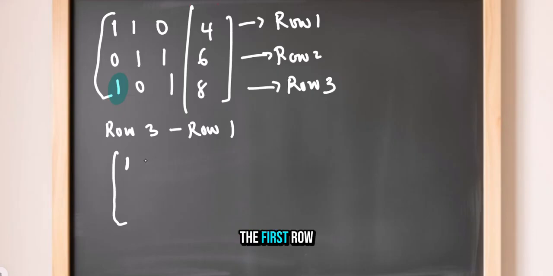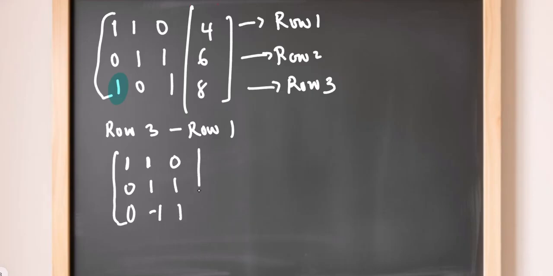Nothing happens to the first row, so we're only working with the last row. So here we have 0, 1, 1. So 1 minus 1 gives 0. 0 minus 1 gives negative 1. And 1 minus 0 gives 1. So we have 4, 6. And the last one here, 8 minus 4 gives 4.